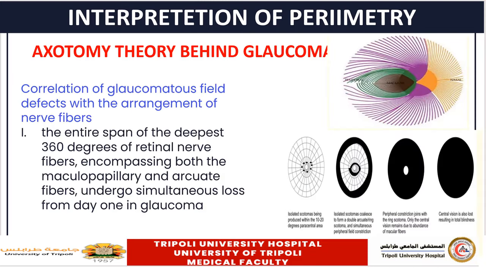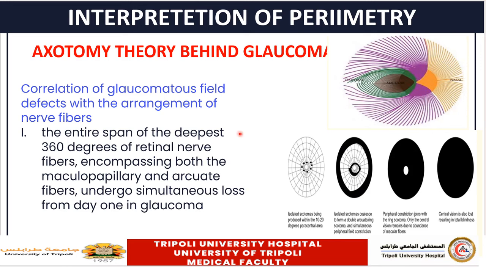The main advantage of the axotomy theory is that it succeeds in explaining the correlation of the glaucomatous visual field defect and its relation with the nerve fibers.